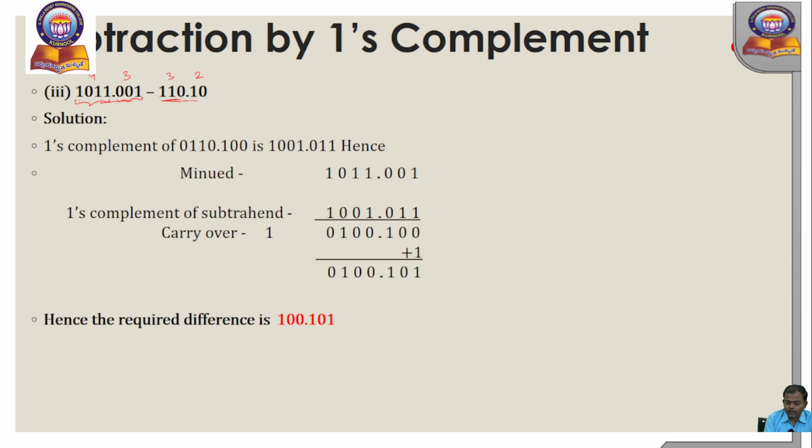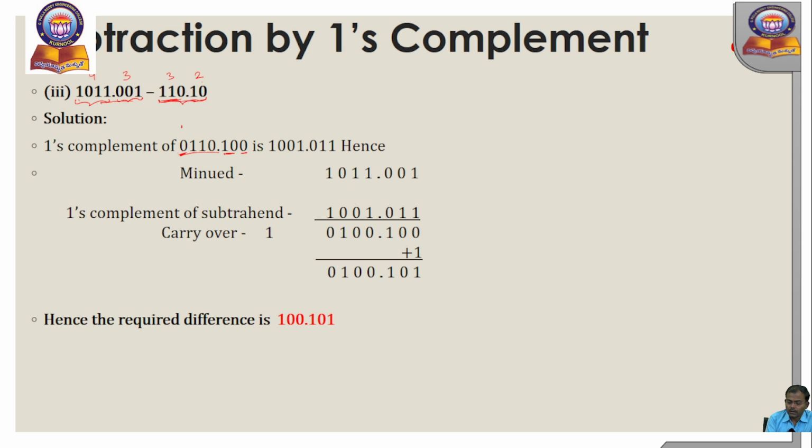So before taking the 1's complement, I first need to convert this integer part into 4 bits, that is 0 1 1 0, by adding a 0 on the leftmost side. For the fractional part, here it is 3 bits and here 2 bits, 1 0, so I write a 0 on the rightmost side of that fractional part.